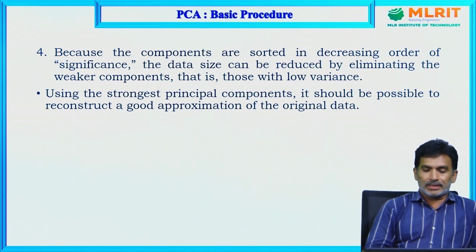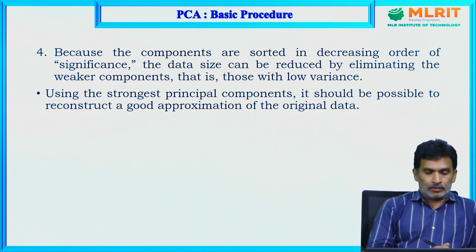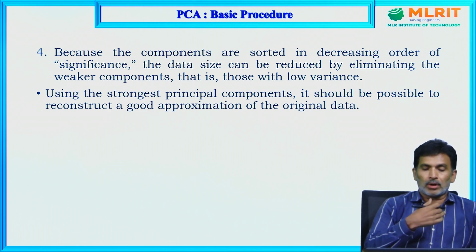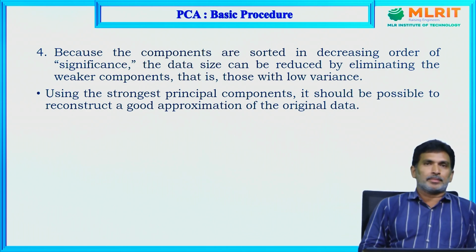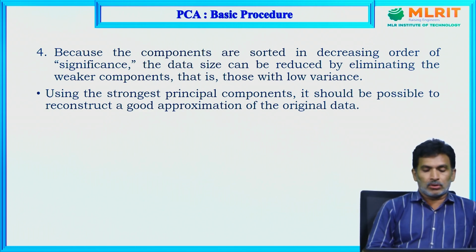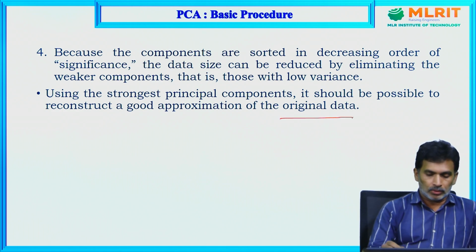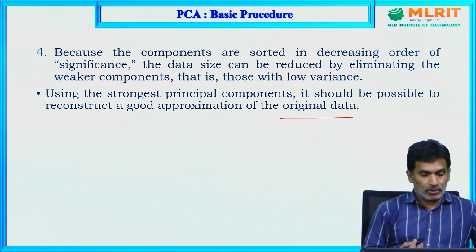We already discussed eliminating features by correlation analysis. By using principal component analysis, because we sorted the principal components in decreasing order of significance, the least significant principal components will be eliminated. Using the strongest principal components, it should be possible to reconstruct a good approximation of the original data, because those principal components explain more about the data set.